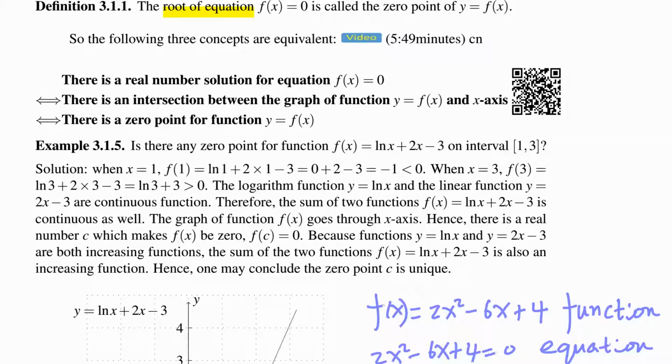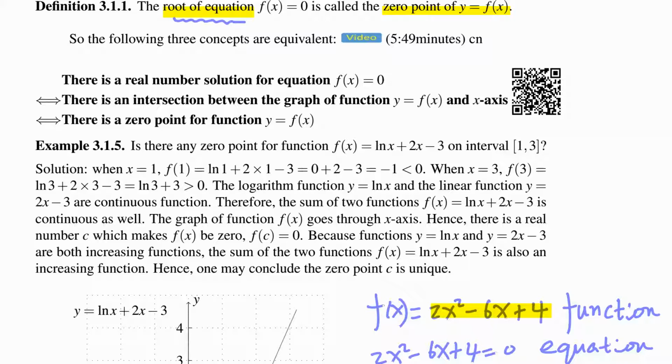In this video clip, we will talk about the root of an equation and the 0 point of a function. For example, previously we have this algebraic expression 2x squared minus 6x plus 4.